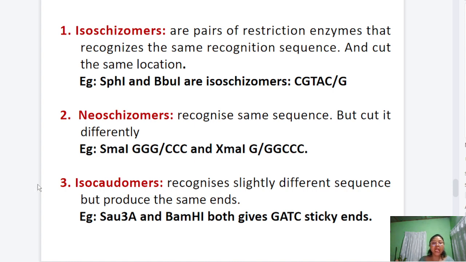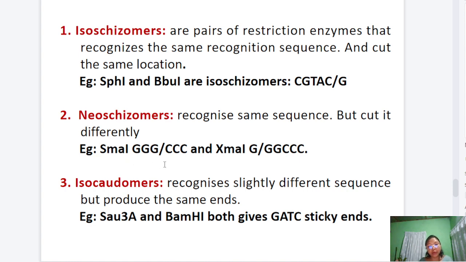Now we also have neoschizomers. What are neoschizomers? They recognize the same sequence but cut it differently. The sequence is the same, but the cutting location or site is different here. SmaI recognizes GGGCCC.